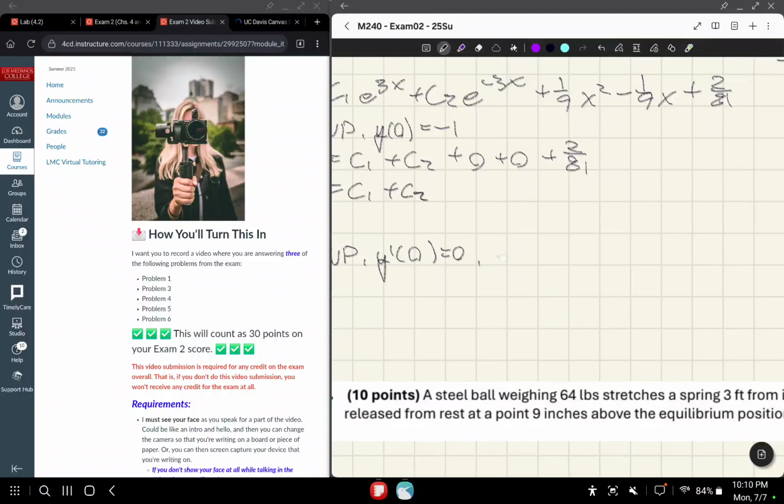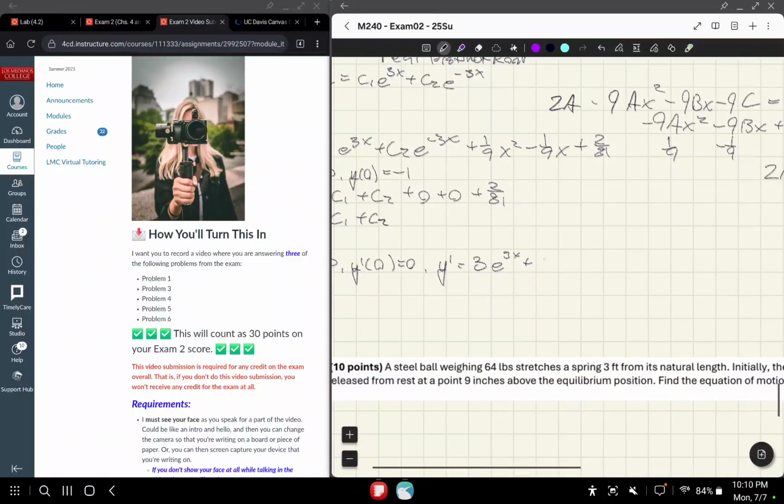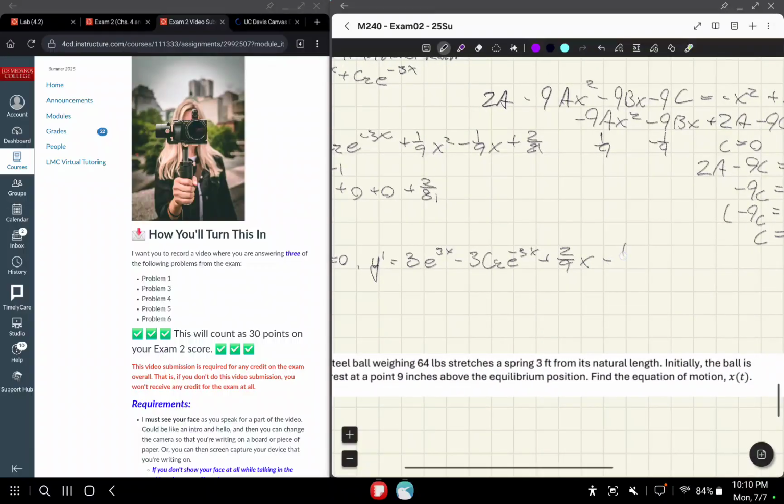Y prime for this will equal 3 c1 e to the 3x minus 3 c2 e to the negative 3x plus 2 over 9 x minus 1 over 9 plus 0.